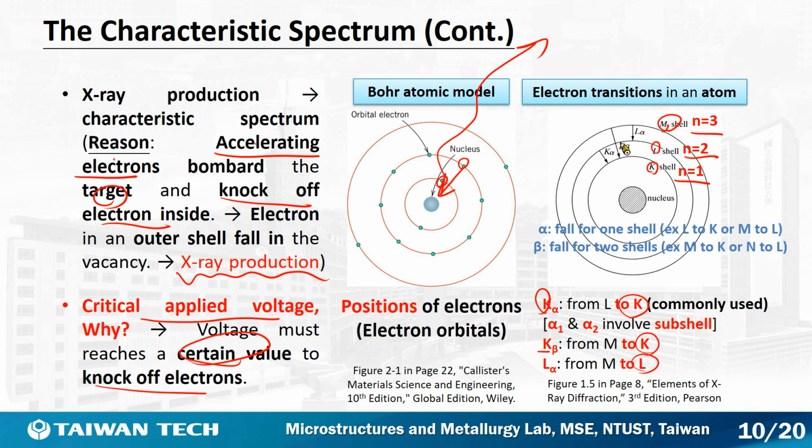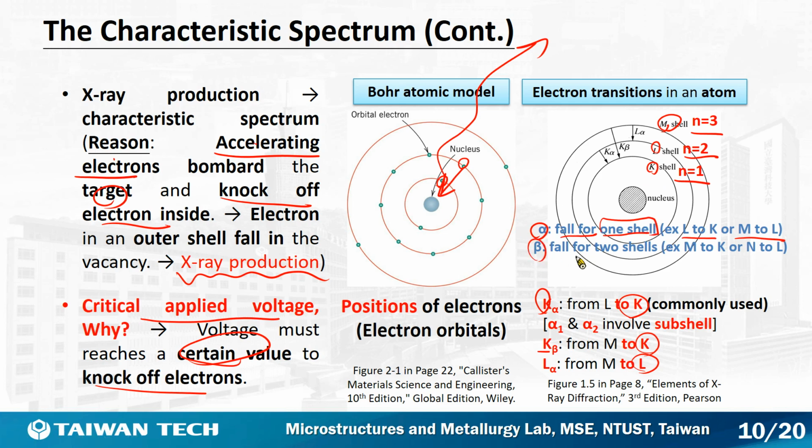And alpha means the closer one. So alpha means it moves one shell. If it goes to K, it will go from L, this is alpha, like L to K or M to L, just for one shell.